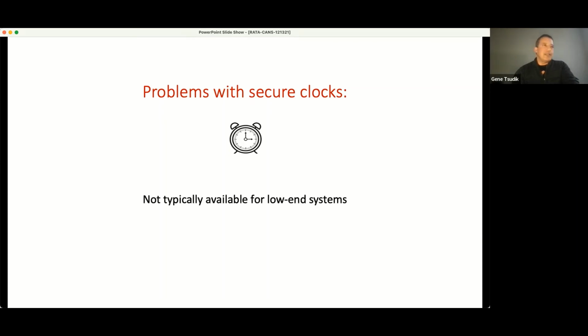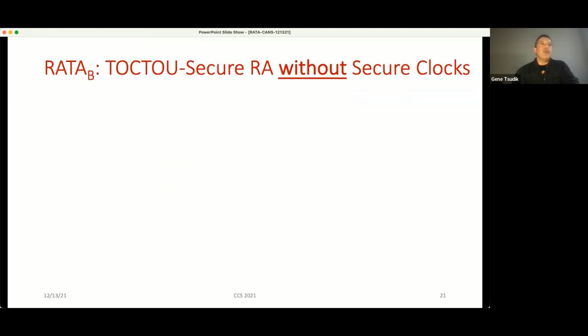So it isn't realistic to assume a reliable secure clock on a low-end IoT device. But RATA A does give us a blueprint of what to strive for without clocks. With a couple of little tricks, we produce RATA B, which is also a TOCTOU-secure design, but now without the assumption of a secure clock.